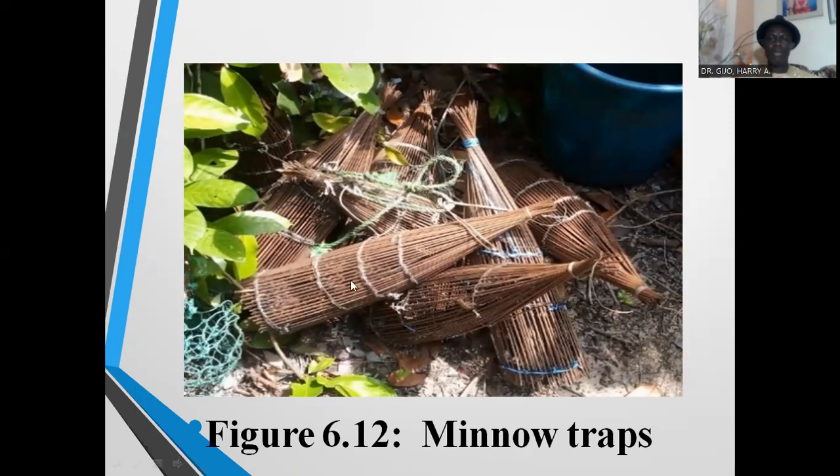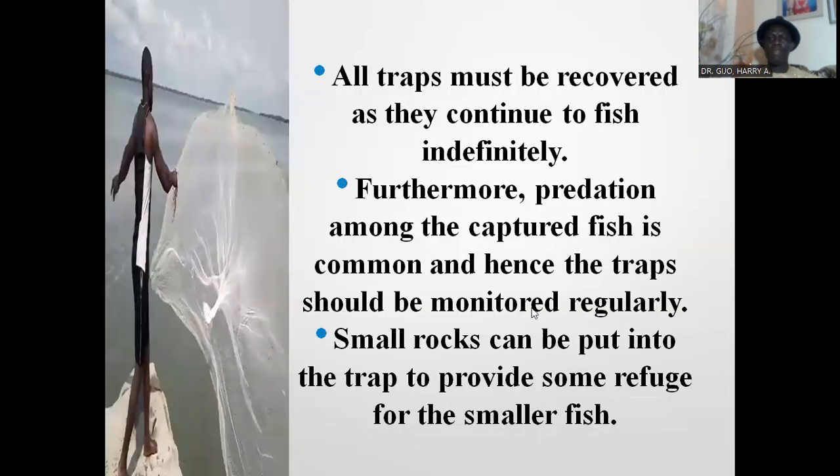Okay, the minnow traps that are locally made usually contain a wide opening that leads to a narrow opening inside close to the middle, and the fish are trapped within and are unable to escape from the traps.